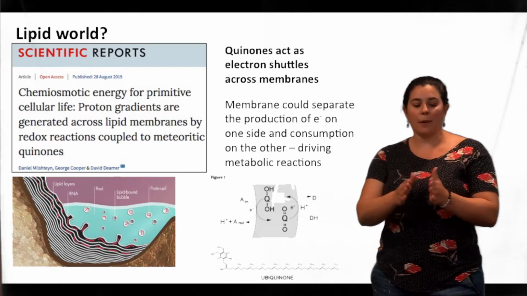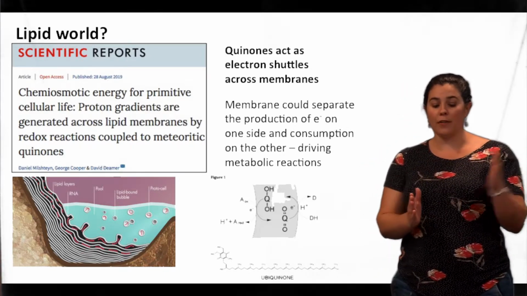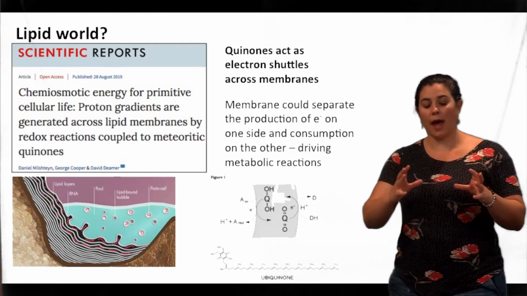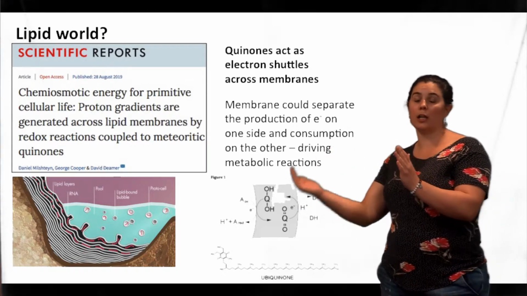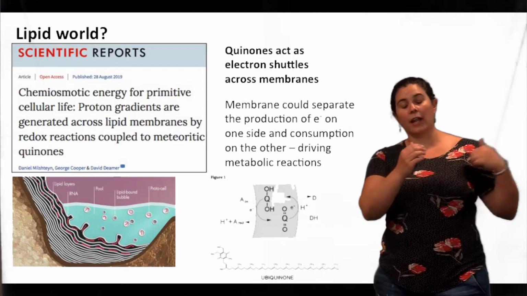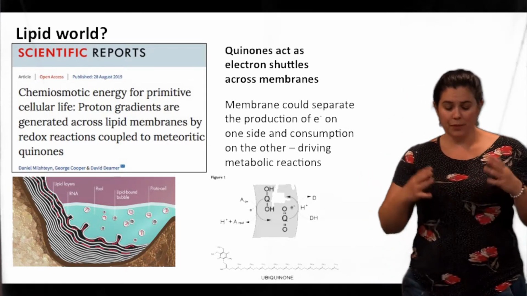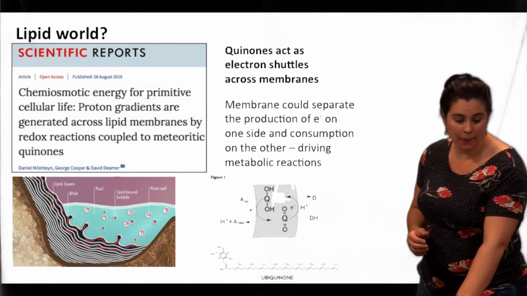So membranes could separate the production of electrons on one side and the consumption on the other, and this would drive metabolic reactions. The quinones found in some asteroids are capable of shuttling those electrons from one side of the membrane to another, where that electron can then be used in another reaction. And this is, again, a really key basis for how life works on Earth today.